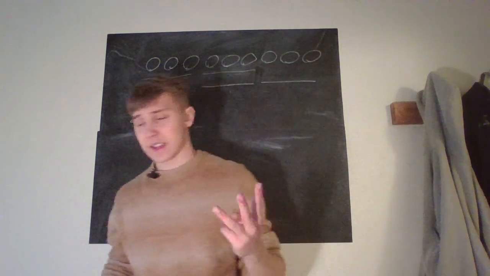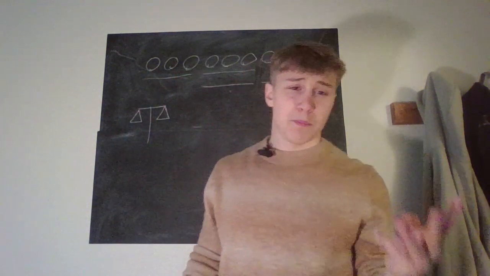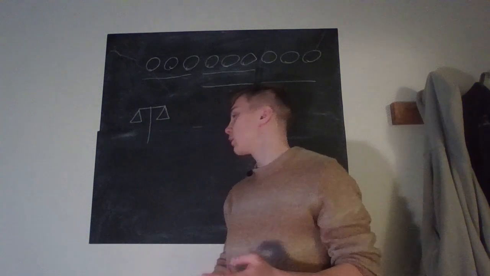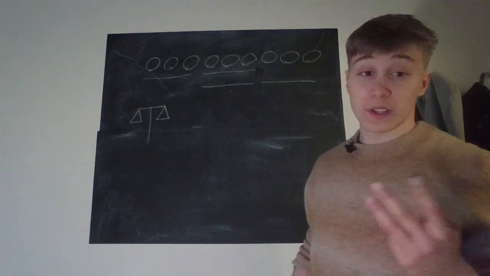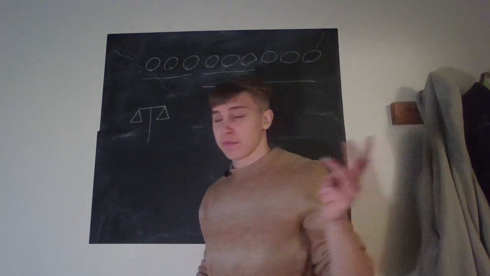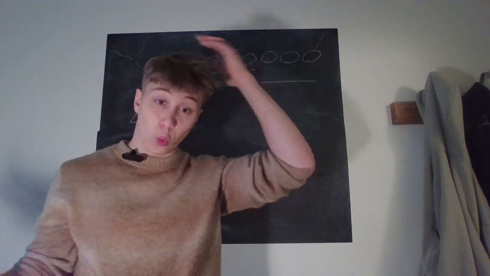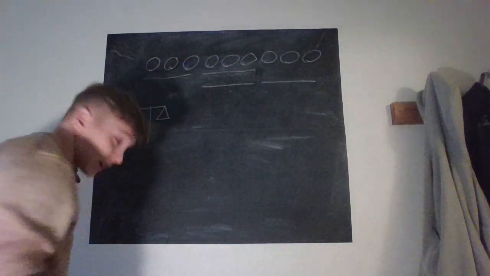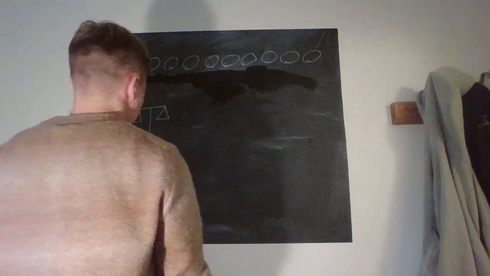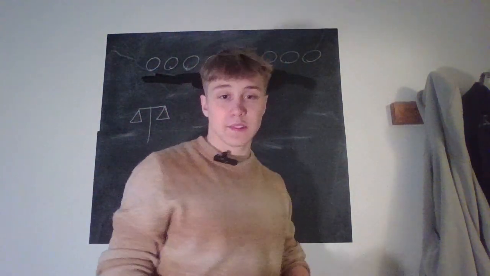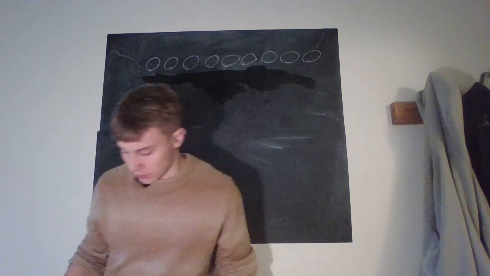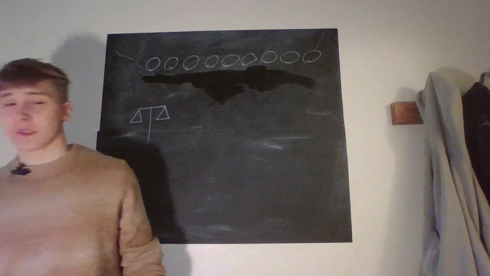And then the third case is a bit more complicated. So here we want to know which coin is counterfeit without knowing if it's heavier or lighter. So how do you do this?